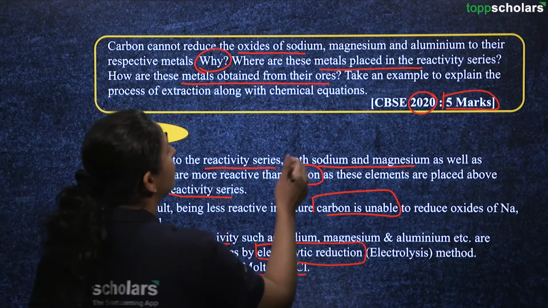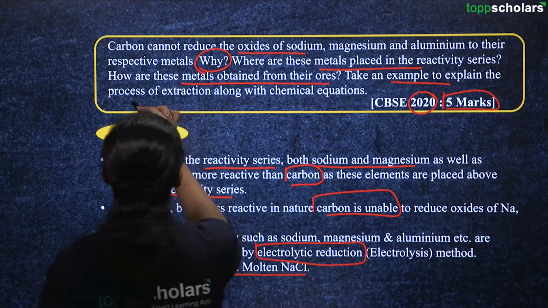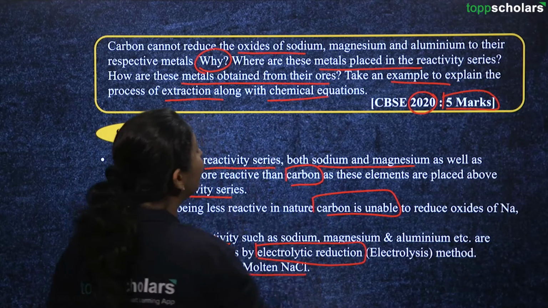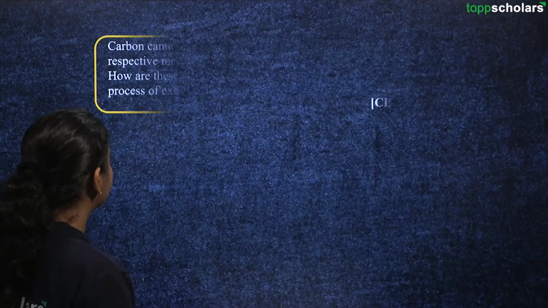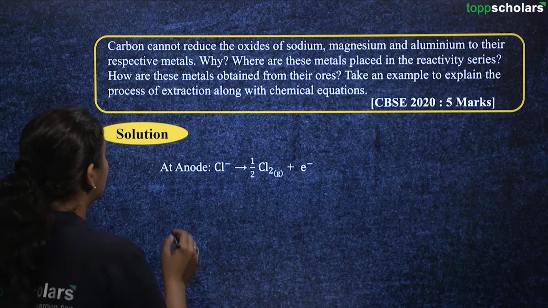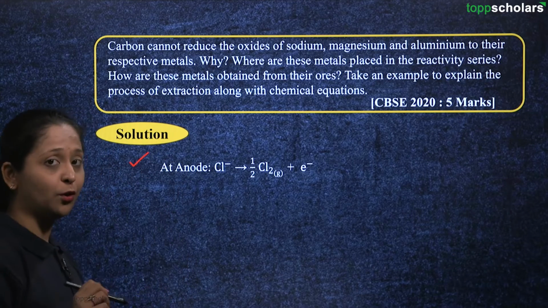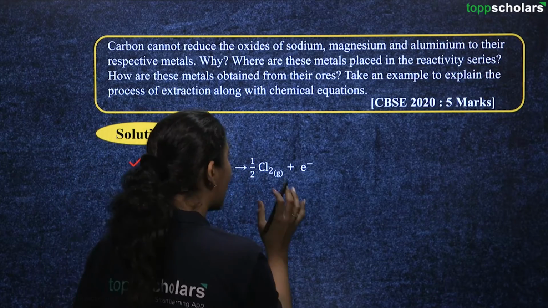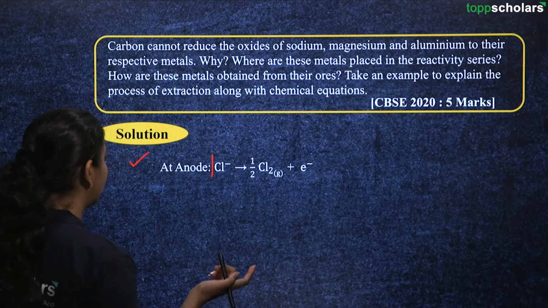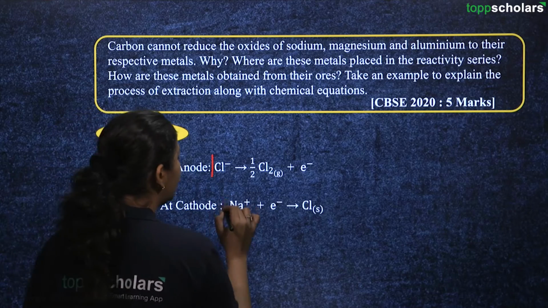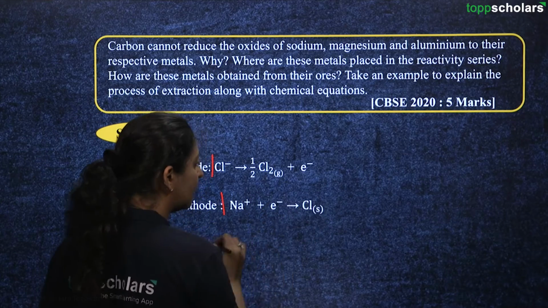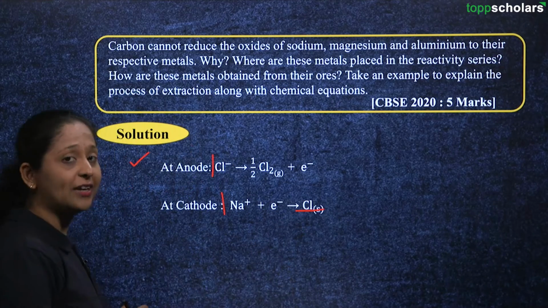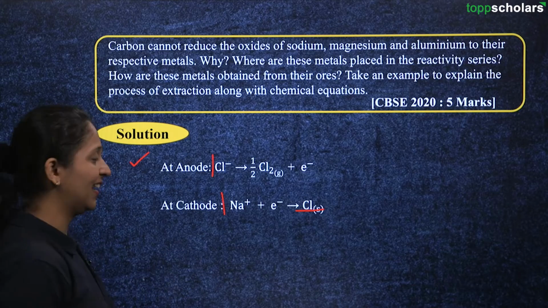The next question here says, take an example to explain the process of extraction along with the chemical equation. So here you have what will be happening at both of the electrodes. At the anode, you have Cl minus oxidized into half Cl2 plus 1 electron released. And at the cathode, you have sodium ions reacting with the electrons giving you sodium in the solid state.